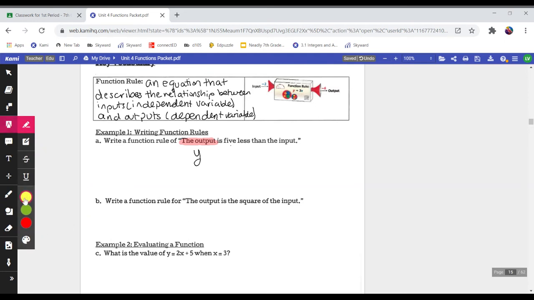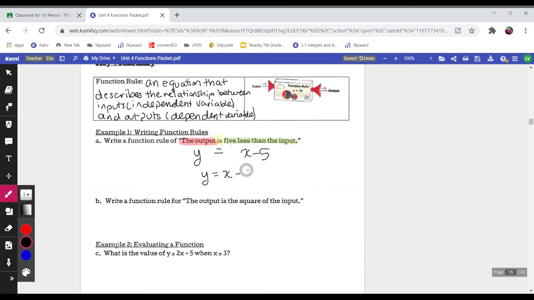The word is represents equals. Then we have 5 less than the input. Well, 5 less than the input is going to be the input, which is x, minus 5. So when we rewrite this together, y equals x minus 5.